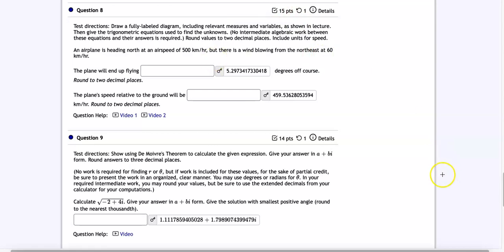Okay, so we are going to start with our due north vector. This is the airplane, and then we have another vector representing the wind. The wind is moving, this is not to scale, from the northeast at 60 kilometers per hour.